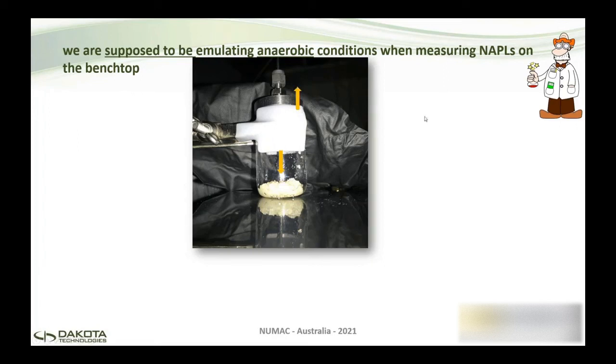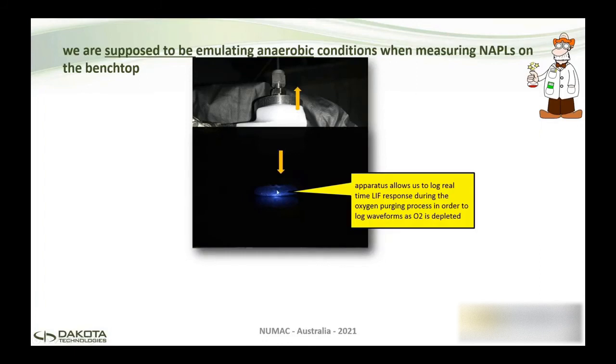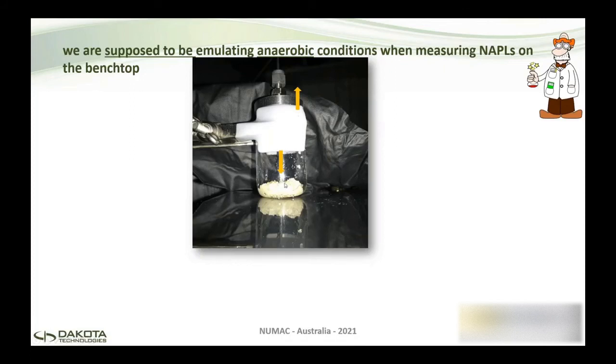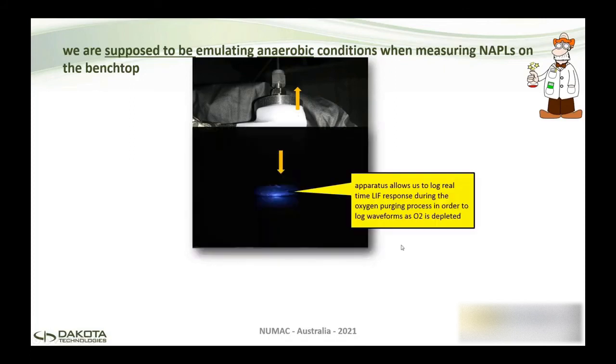And what you can't see is I've actually got a sapphire window underneath that apparatus. And so I'm actually able to emulate what an anaerobic environment would be for this particular NAPL soil mix.